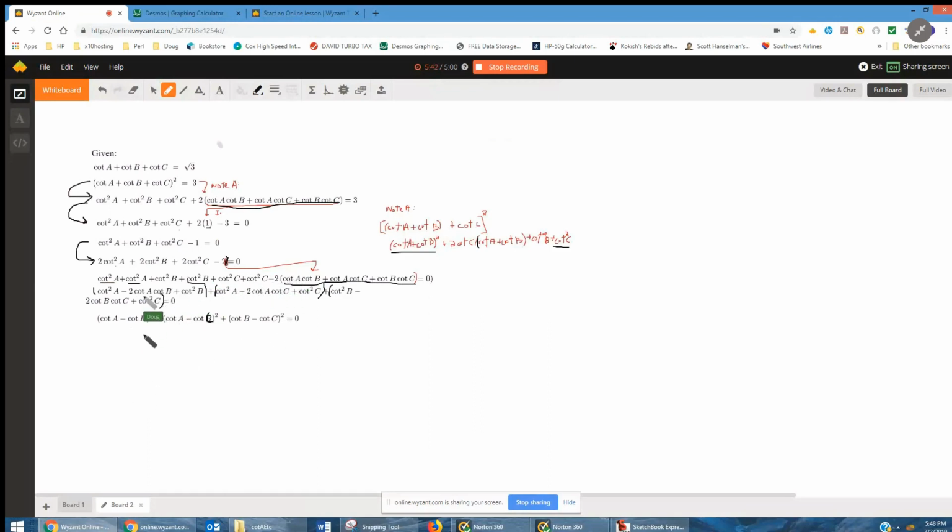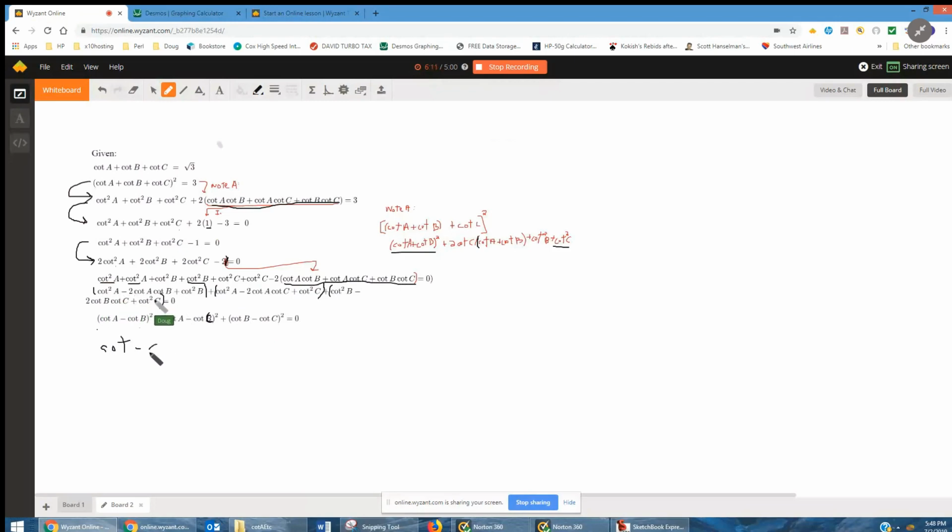And now the idea is that if these terms separated by the plus signs are going to have a sum of 0, then each in turn must be equal to 0. Because no matter what's in here, if I square it, we're going to either get a positive number or 0. And the only way we're going to add 3 positives together to get 0 is if, in fact, they're all 0.